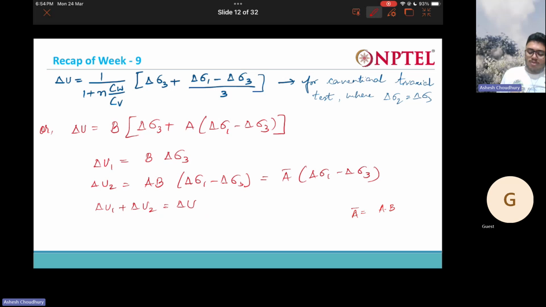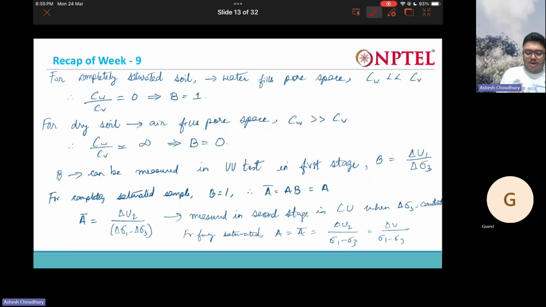If B is equal to 1, then A bar and A are the same. Now, for a completely saturated soil, the water fills the pore space.